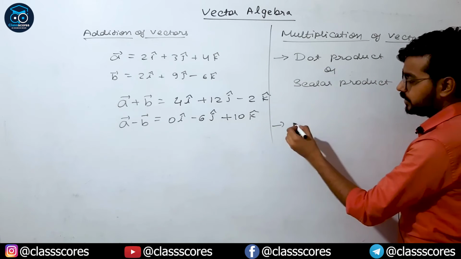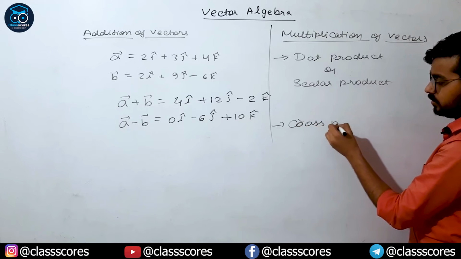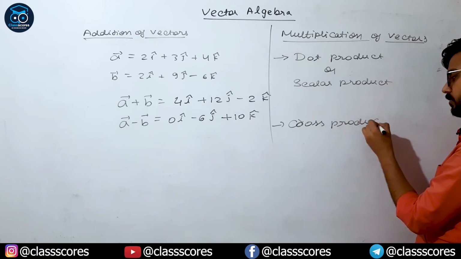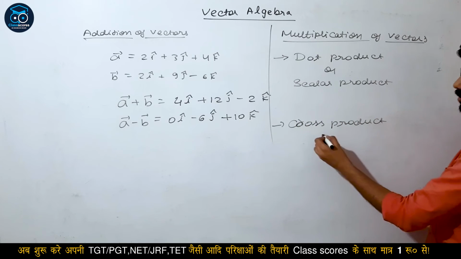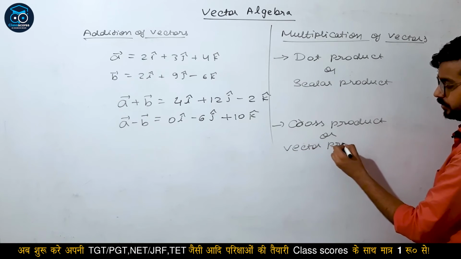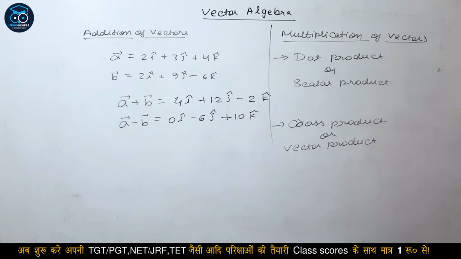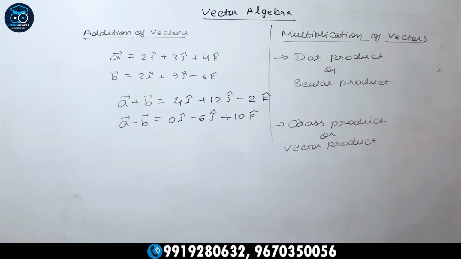And the second one is cross product, and it is also known as vector product. Now we are going to learn both the multiplication processes one by one.